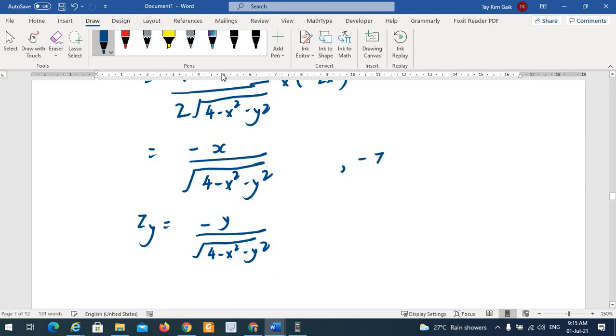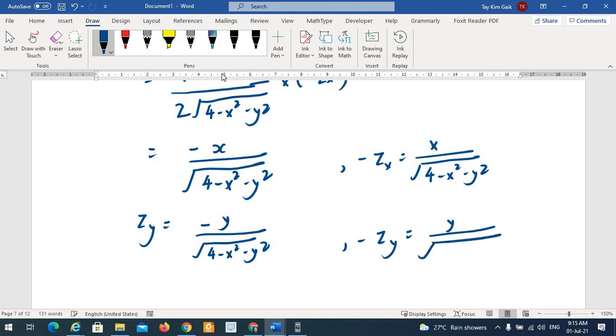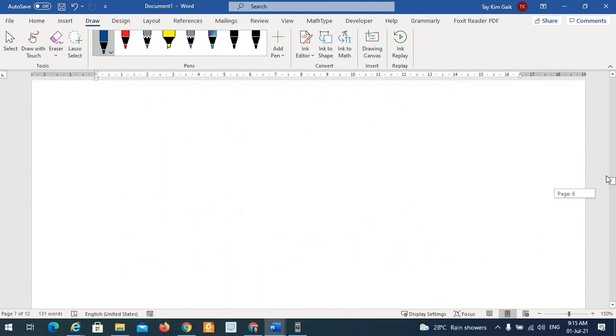So negative zx, we have positive x over square root of 4 minus x squared minus y squared. And negative zy, we have positive y over square root of 4 minus x squared minus y squared. Okay. Back here.